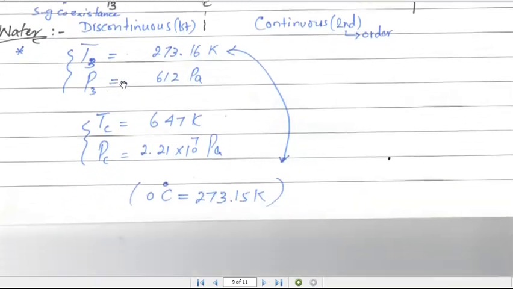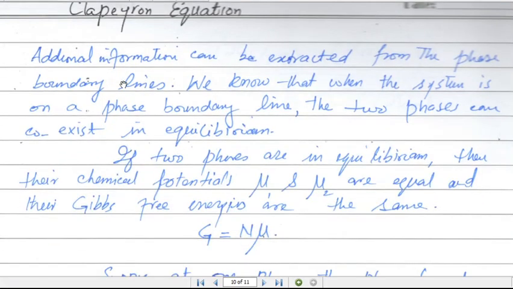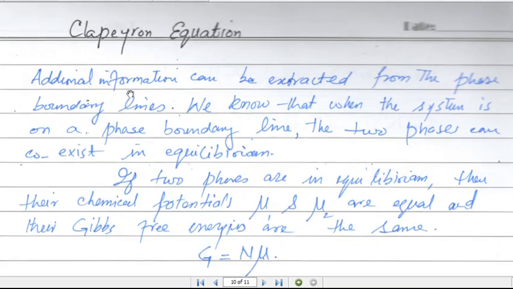So let's discuss the Clapeyron equation, and we will derive an expression which was derived by Clapeyron, which is again based on the information that at this line both phases can coexist.